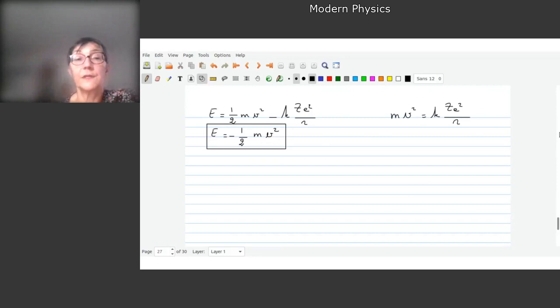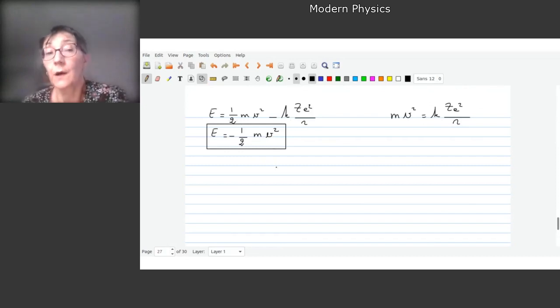We can write it also as a function of R, as we have some relationship between the velocity and the radius of the orbit. So we have continuous, we can have any value for the radius of the orbit and any energy. This is what happens with gravitational satellites.